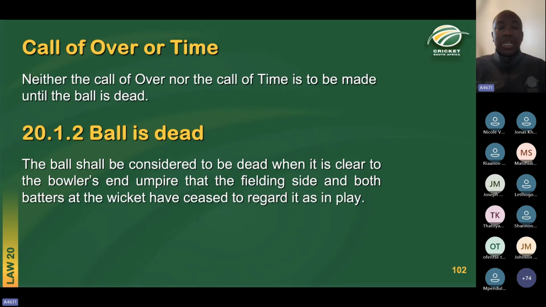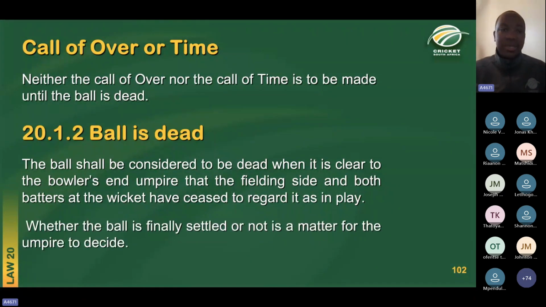The ball shall be considered to be dead when it is clear to the bowler's end umpire that the fielding side and both batters at the wicket have ceased to regard the ball as in play. So we as umpires need to read the room and check that everybody has considered the ball dead before we consider the ball dead.